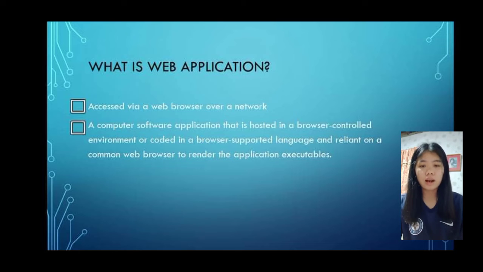It is like a mobile app but delivered over the internet and through a browser, instead of directly from a device through an app store. Common examples are webmail, online calculators, online shops, social media sites, and etc.